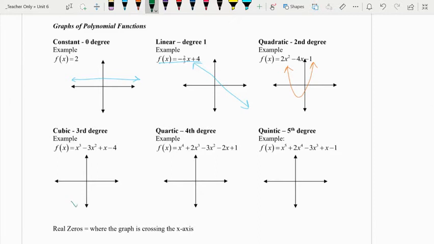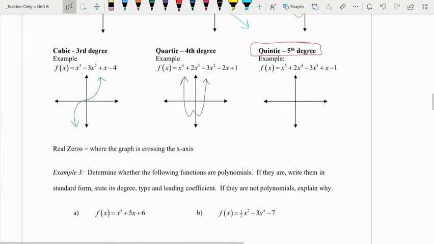Cubic, once again, kind of Egyptian-like. Quartic would be like a W. And then our last one, quintic. Okay, this one we haven't talked about just yet. You don't have to memorize that one. But it's just like the cubic, but it has a little extra up and down.